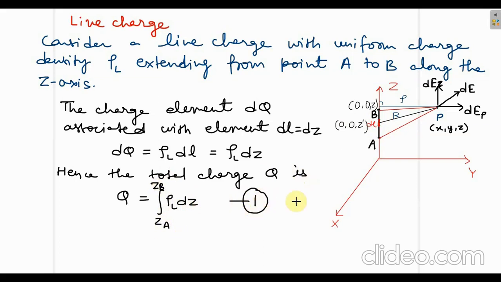Now let us continue: q equals the integral from za to zb of rho l dz, and this is equation 1.